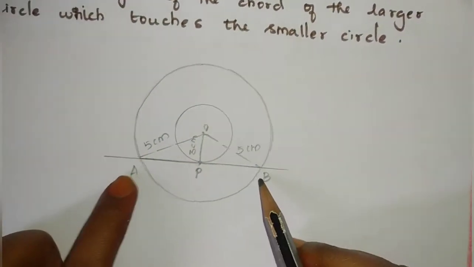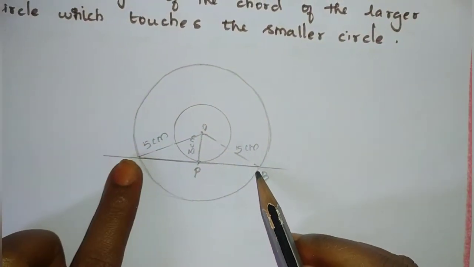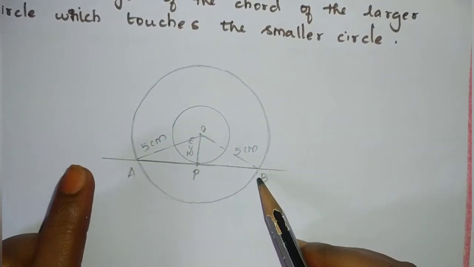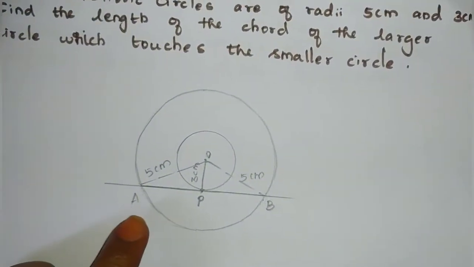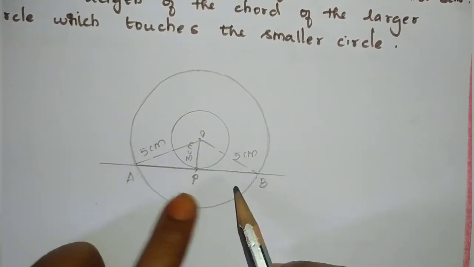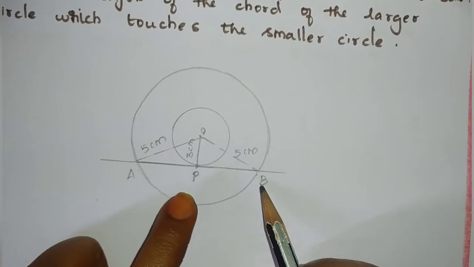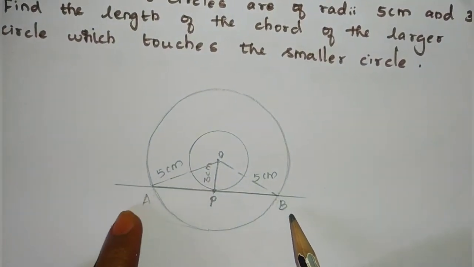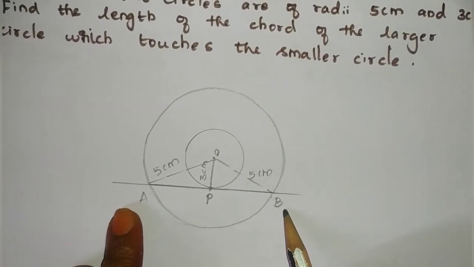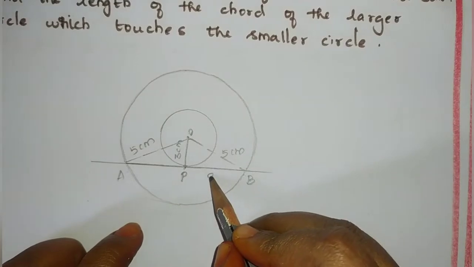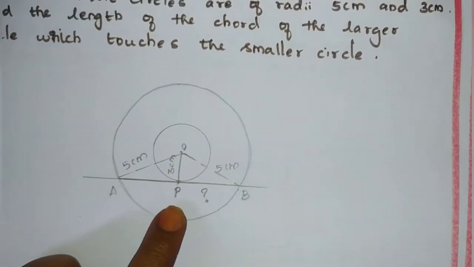Now you can find this length AB easily. How can we find it? If we find one part, PB or PA, then easily we can tell the length of the chord of the larger circle. Clear, children? So we have to find this missing side.